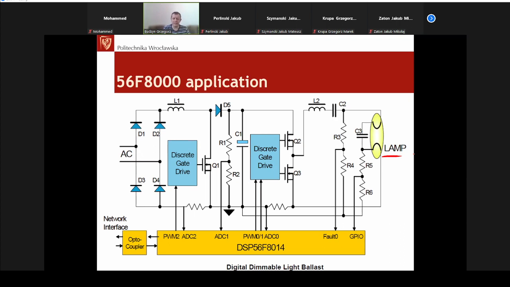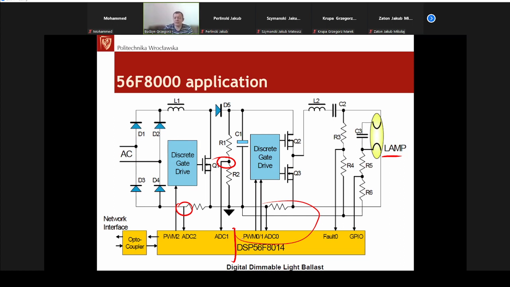Still, despite having LEDs, we're using some HID lamps. And again, for this ballast, we need to control the voltage and the current flowing, and depending on the voltage, here is exactly the PFC correction, and here we have the ballast itself.